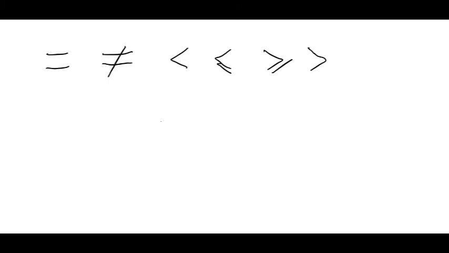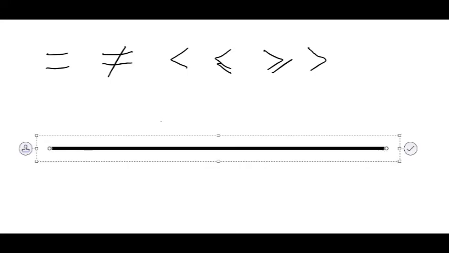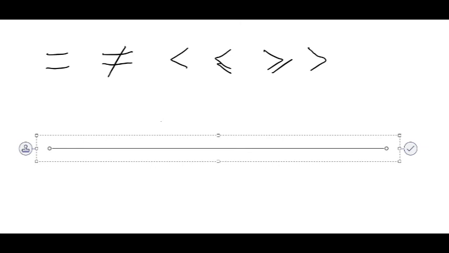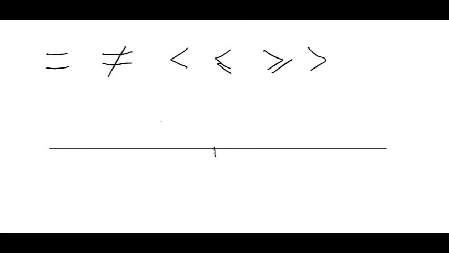So what I'm going to do is just remind you about our number line. There you go, there's a number line. I'm going to make that a little bit skinnier. And so here's our number line. And like I said earlier, we have this sort of setup.